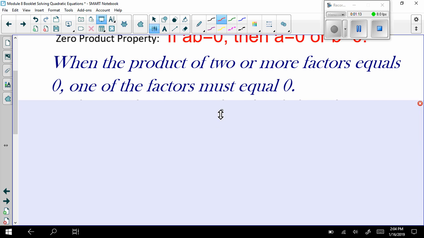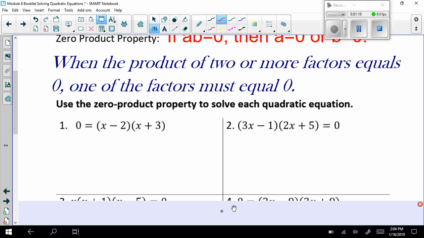So let's take a look at some examples where we're just using the zero product property. First, notice that I've got two factors equal to 0: x minus 2 times x plus 3 equals 0. The zero product property allows me to say that if x minus 2 times x plus 3 equals 0, then either x minus 2 is 0 or x plus 3 is 0.